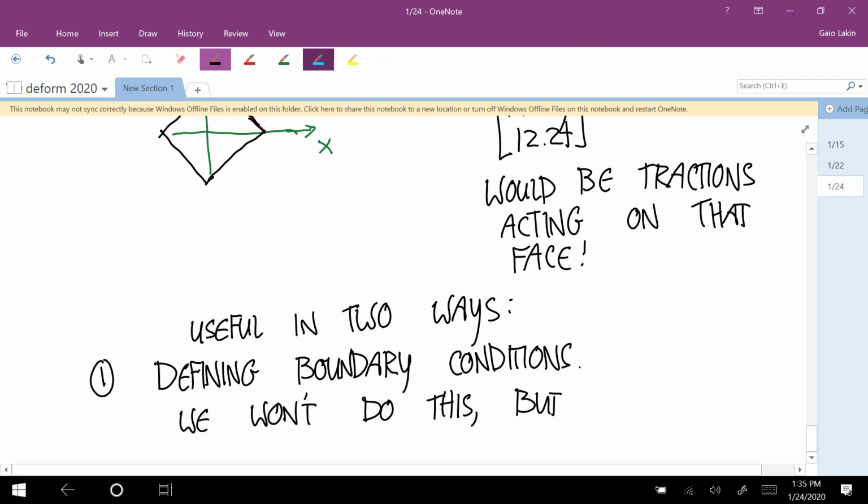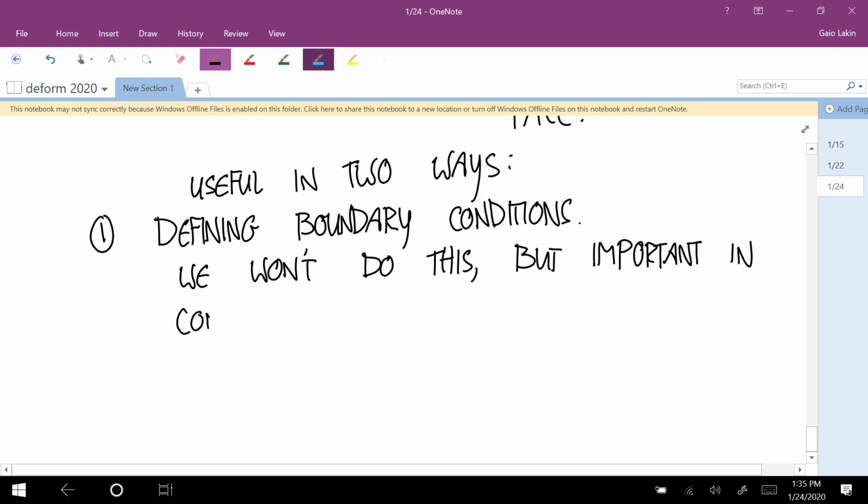It's an important idea in continuum mechanics. The basic way that works is if you have a material and the face over here has some loads on it, and you know the shape of that face, then because of the tractions that are actually acting on that face, there are actual loads creating actual tractions.